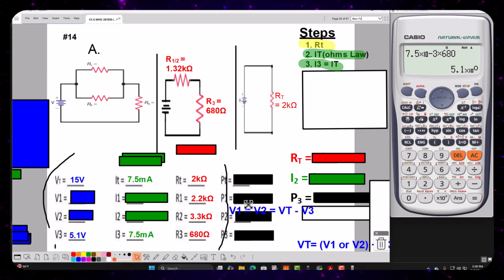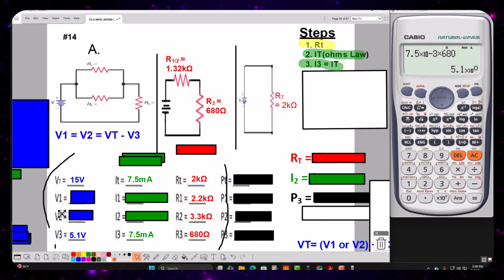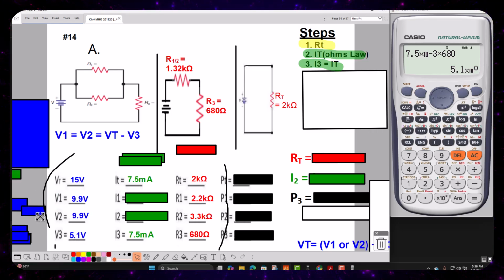So V1 will equal V2, but I've got to take VT and subtract V3 from it. So I take the 15 volts minus 5.1 volts, and that tells me that both V1 and V2 will be 9.9 volts.